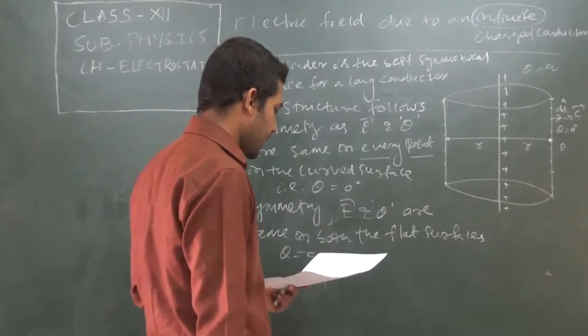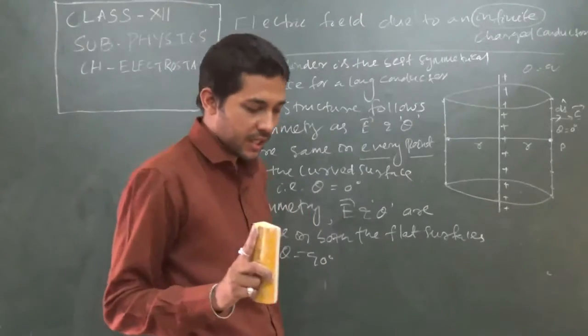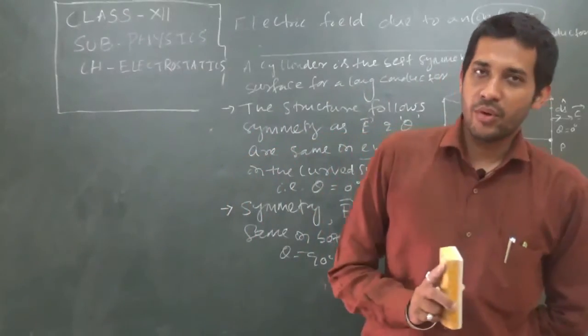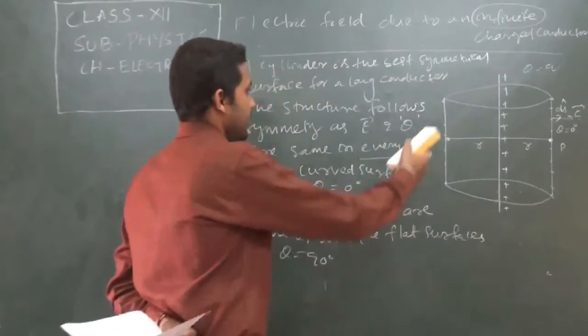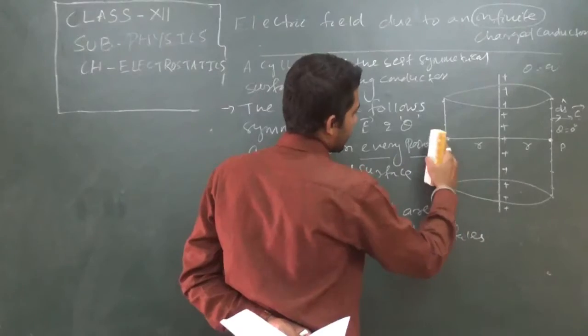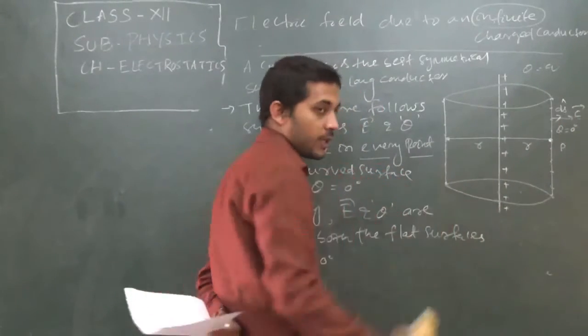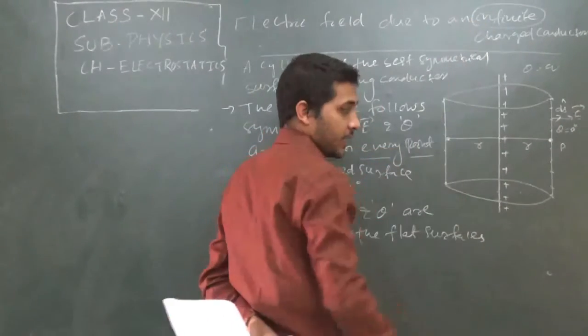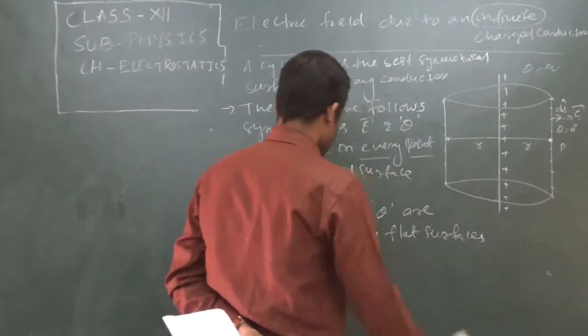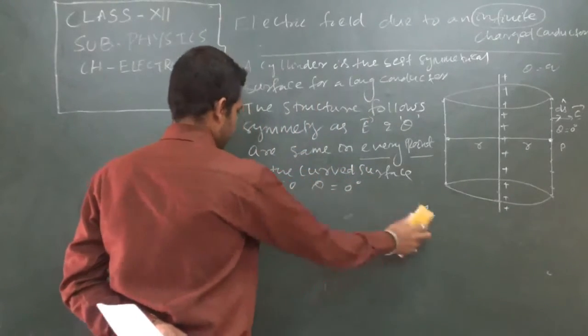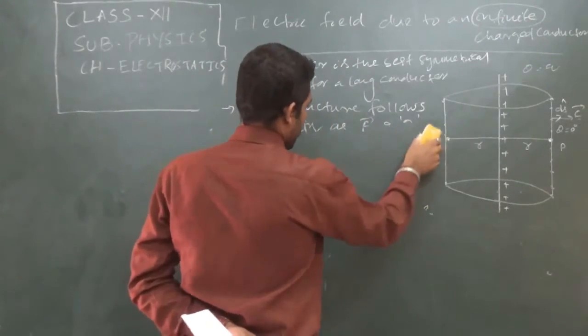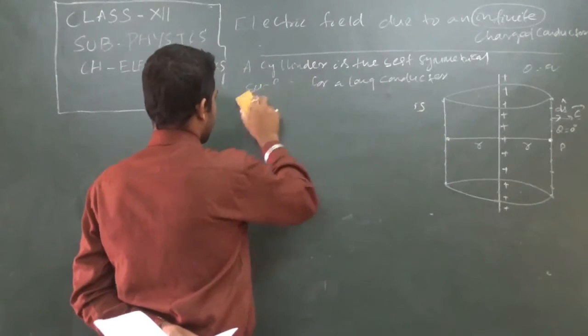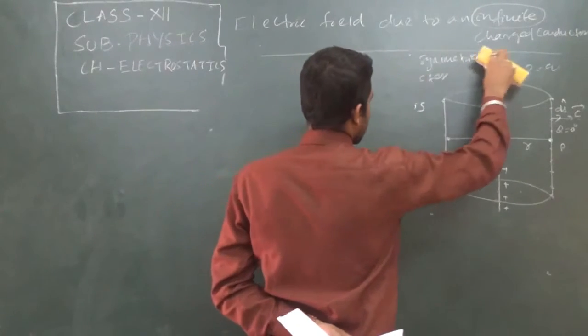In the second step, we need to calculate the closed integration of E dot ds here. Clear? We will get three expressions here: one from the curved surface, one from the upper flat, and one from the lower flat. So in step 2 we calculate the expression for the closed integration over E dot ds.